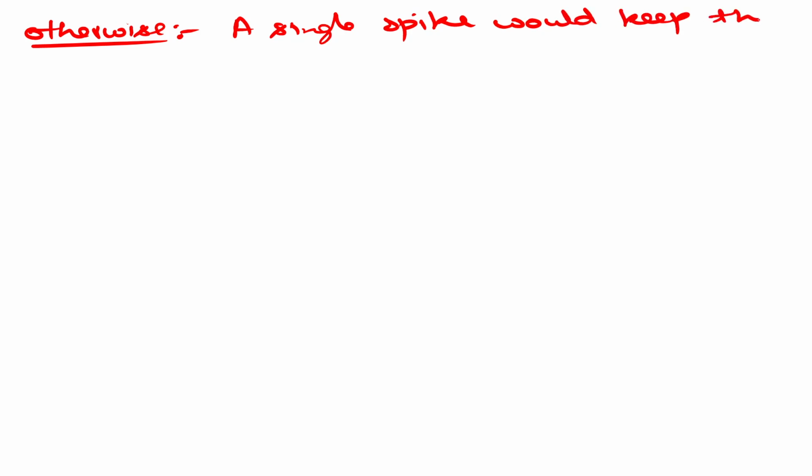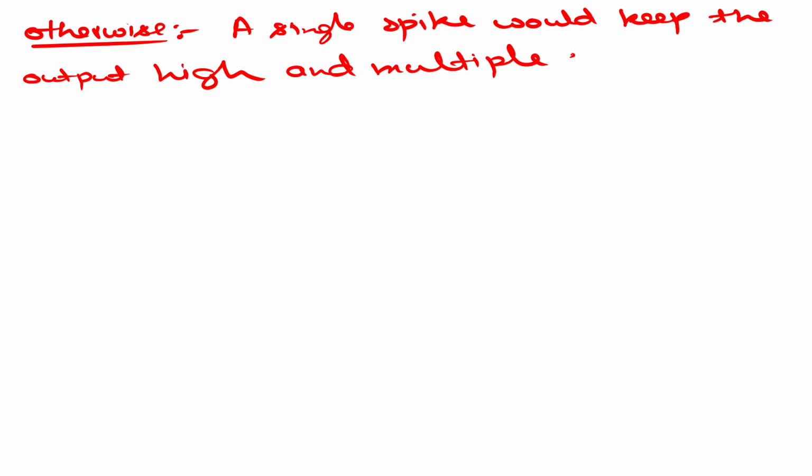If the time constant is not small enough, a single spike would keep the output high and multiple spikes could not be distinguished.